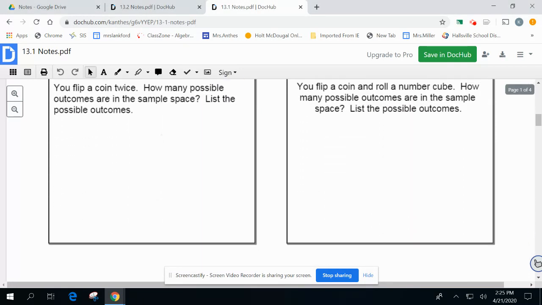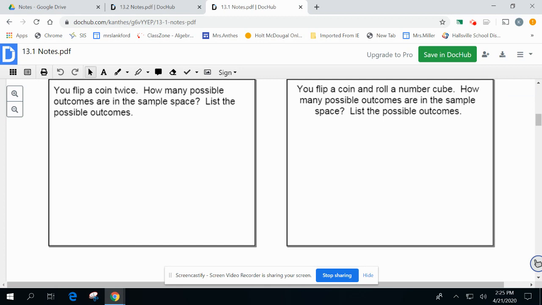Starting with the first problem, you flip a coin twice. How many possible outcomes are there in the sample space? List all the possible outcomes. This can get a little bit tedious. So I'm going to represent this by H for heads, T for tails, and you're flipping it 6 times.